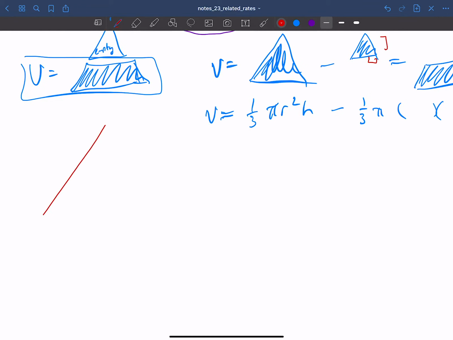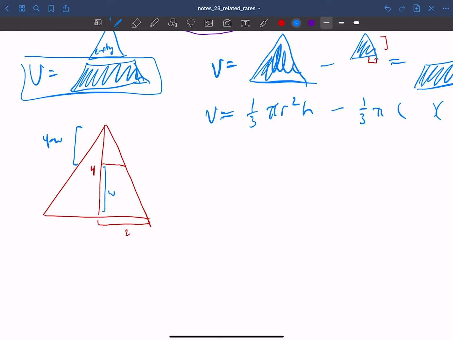So let's draw a triangle. Let's call that 2. Let's call that 4. We have this smaller one. This right here is what we were calling W, which means that that distance there is 4 minus W, because the total height is 4.